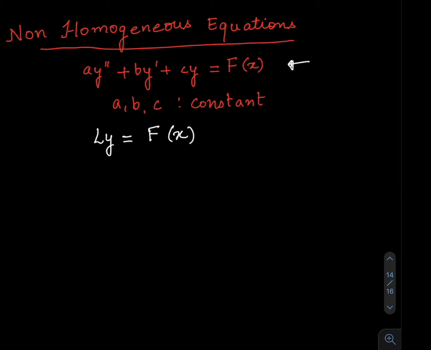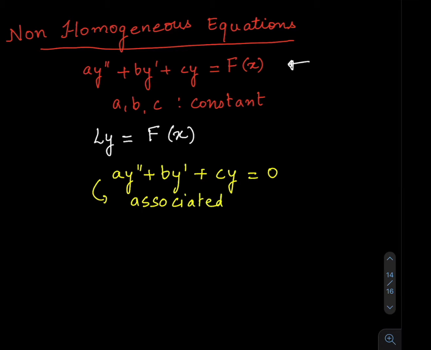So what we will do is, first we will write down the associated homogeneous equation. By substituting f(x) = 0, we call it the associated homogeneous equation.